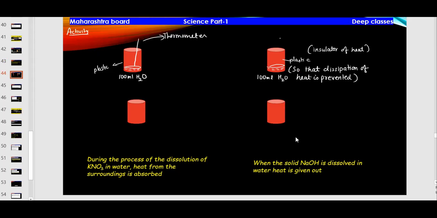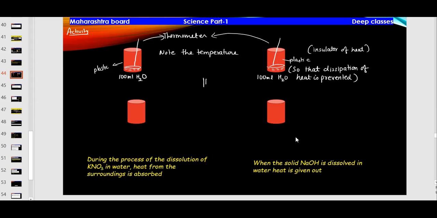Use the thermometer and check the temperature. Note the temperature. It will give you room temperature or whatever temperature the water is at. That temperature you have to note down.